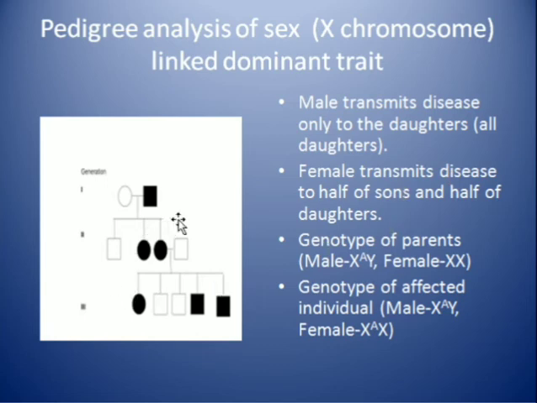Now the genotype of the parents: in this case the male is affected, so the female is not affected and will be normal. And in the case where the female is affected, she will have this genotype, and because it is dominant, this will express, and the male will have this genotype.